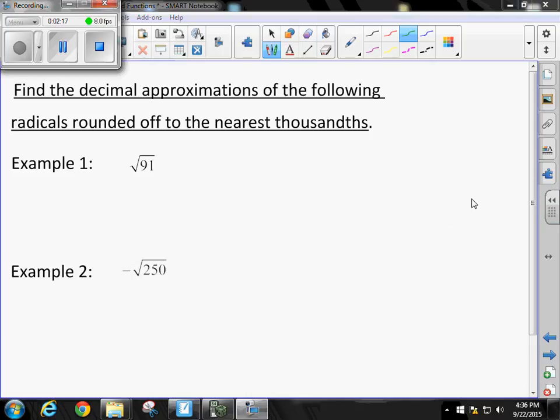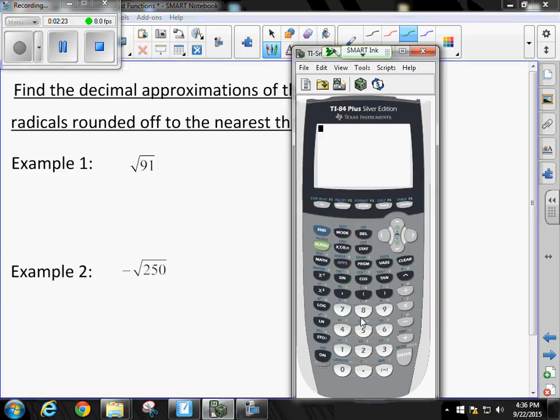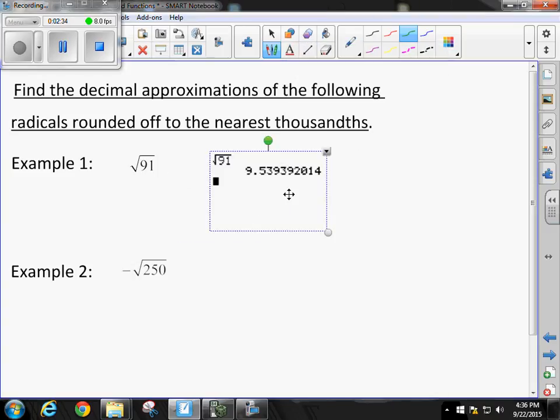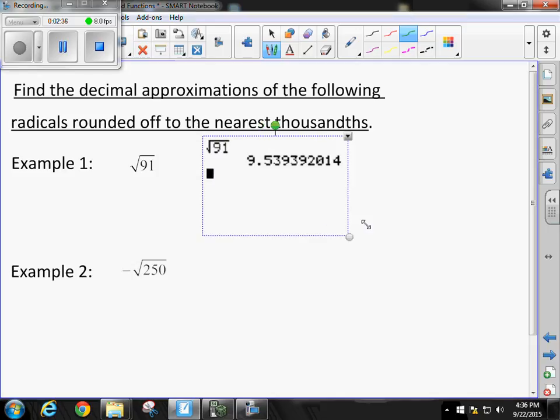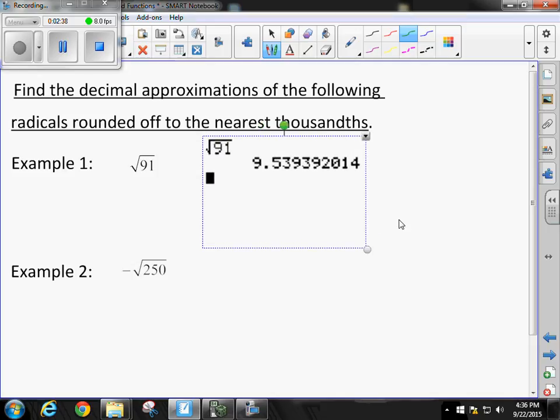Now, continuing on, we want to find the decimal approximations of the following radicals, starting off with the square root of 91. And the square root of 91 is this right here. We want to round it off to the nearest thousandth, so that means we're keeping 3 decimal places.